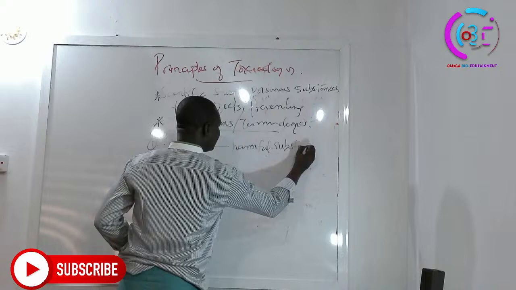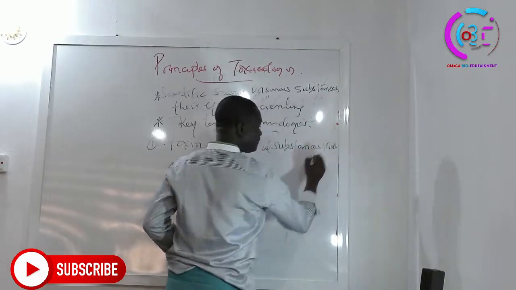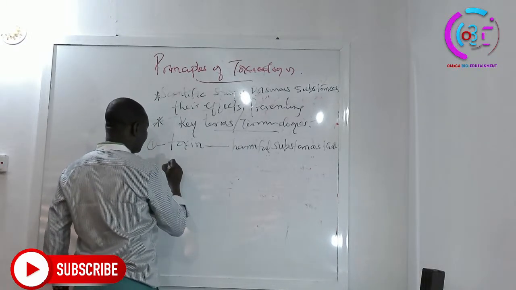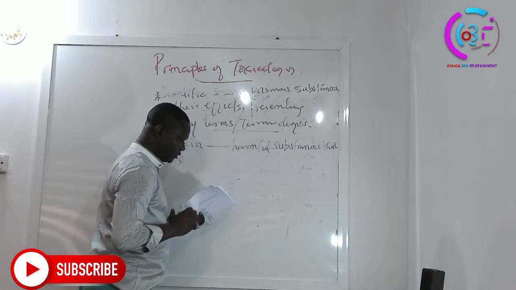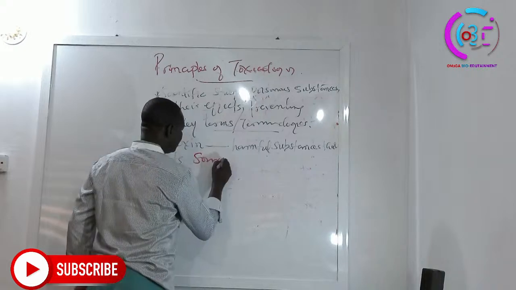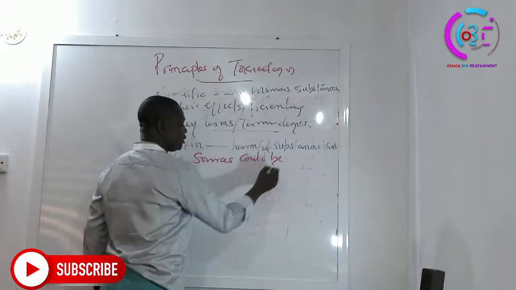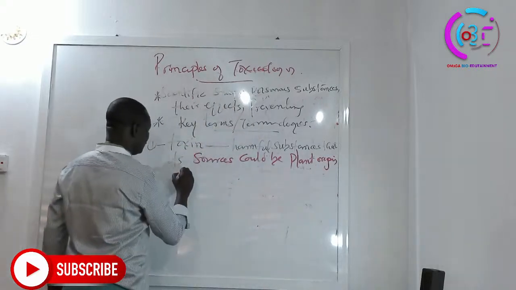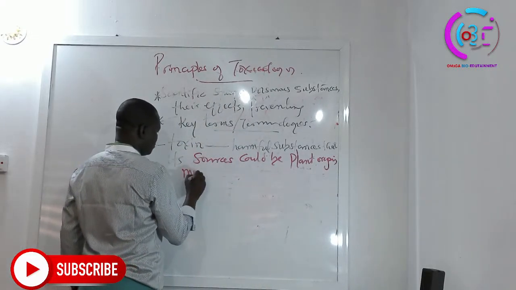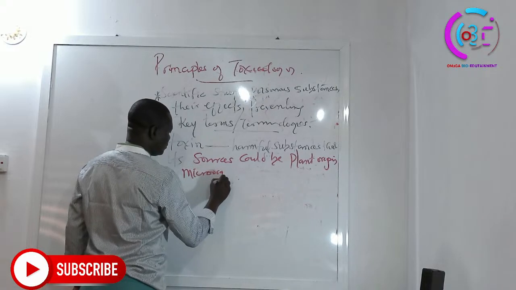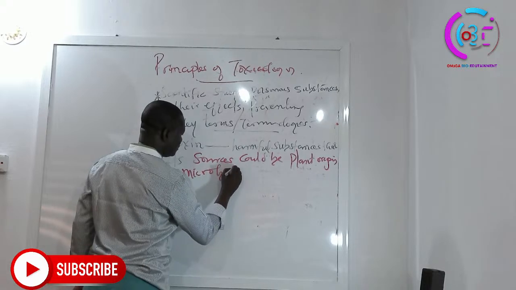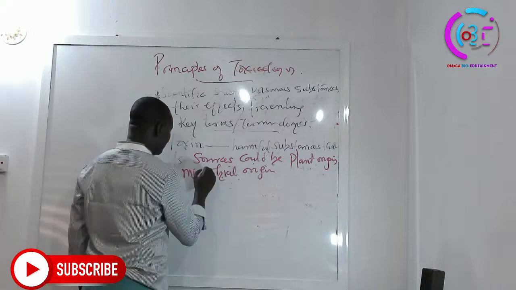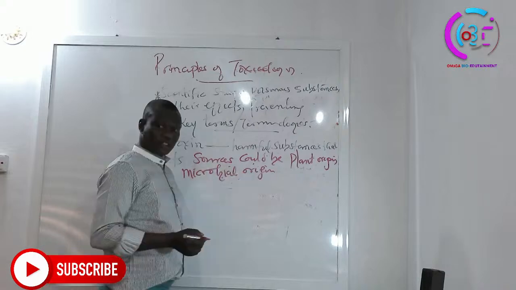whose sources could be of plant origin. It could be of microbial origin, that is, from bacteria, from fungi, and so on, like mycotoxin.